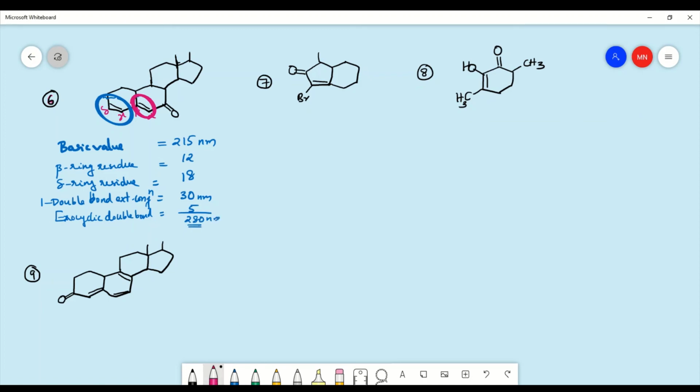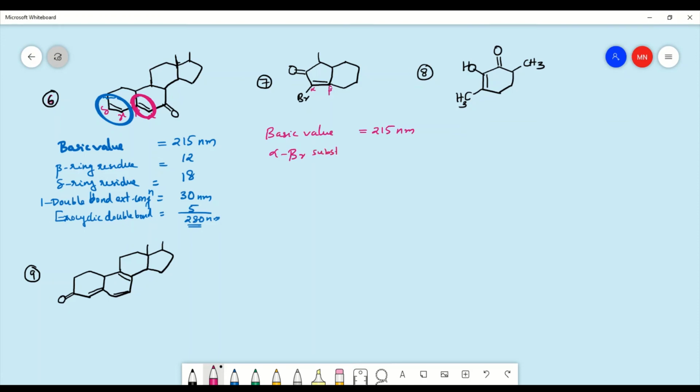Now move on to the second compound. So this is obviously a 5-membered cyclic ketone, so the basic value will be 215 nanometer. Now this is the alpha carbon, this is the beta carbon. An alpha bromine substituent is present.